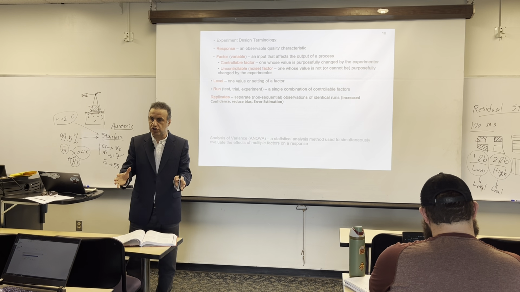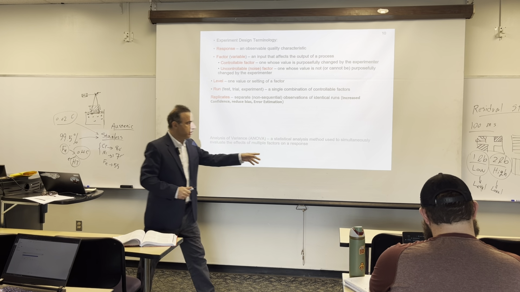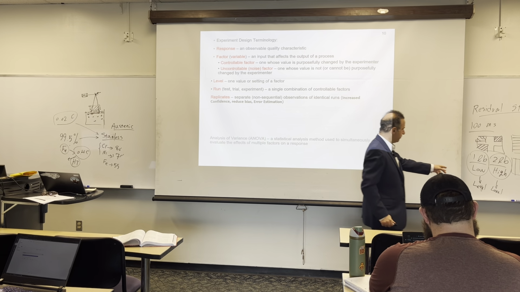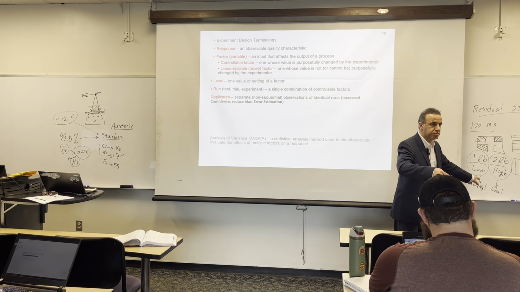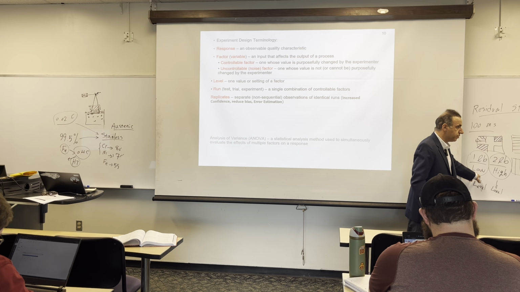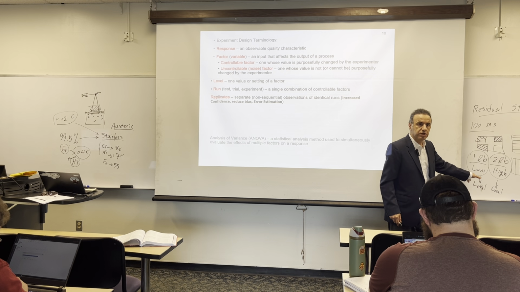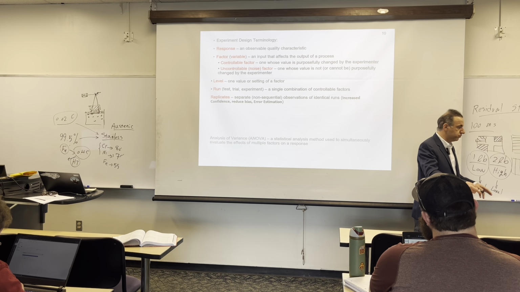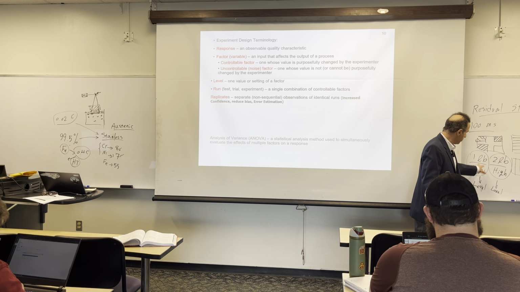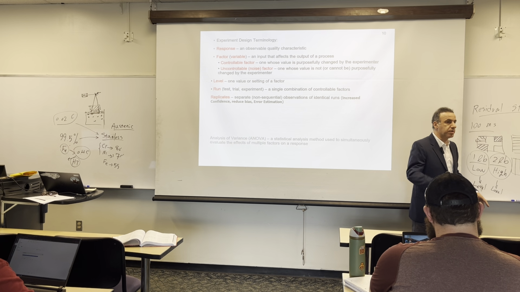With one condition, we say we want to test it with the low amount of fertilizer one day, and then we repeat that process. If you repeat it another day with the same amount, that is called a replicate.